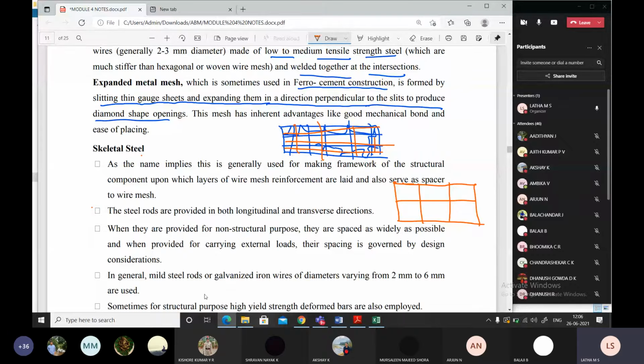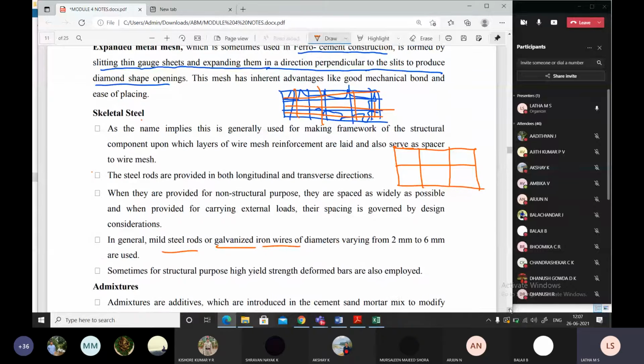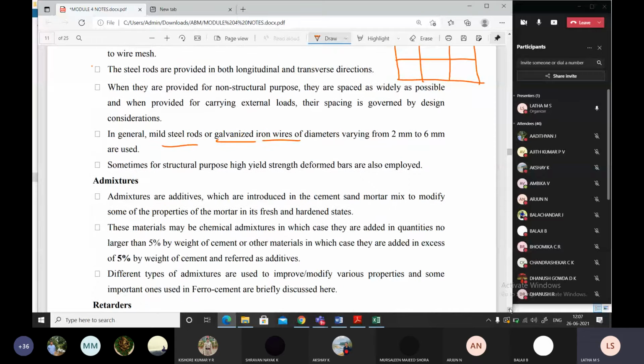Usually there will be mild steel rods or galvanized iron wires, right? What is the purpose of this type of wires or steel being used? It is forming a skeleton, and it can be of mild steel or galvanized.